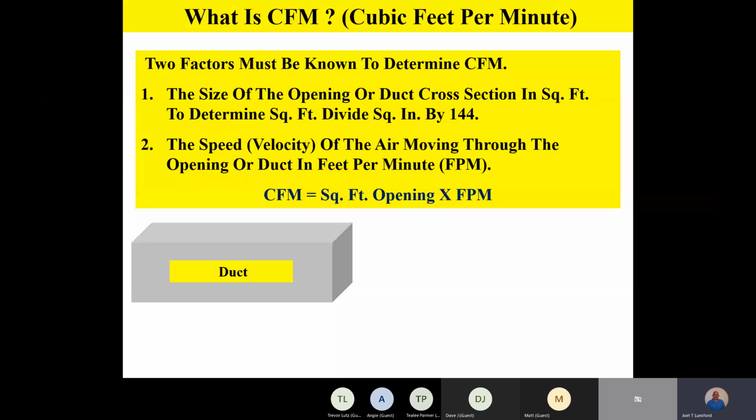To do that, we're going to measure the grill or register opening where air can actually move through, and convert to square inches and then to square feet, just like we did before. But we're going to add a multiplier to account for that 80% efficiency.